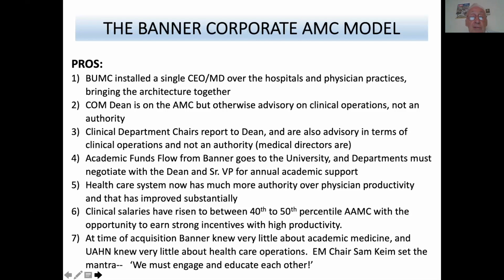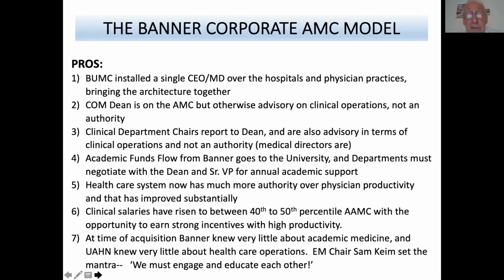The healthcare system now has much more authority over physician productivity, both the carrot and the stick: a good incentive plan, but also salary cuts if you don't make your target. And that kind of accountability for productivity has improved substantially.